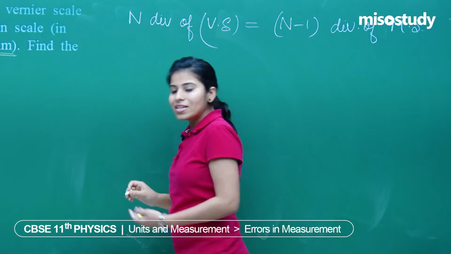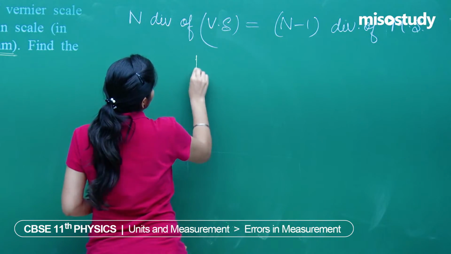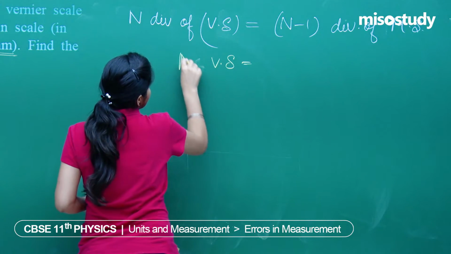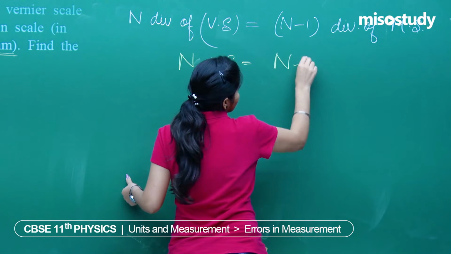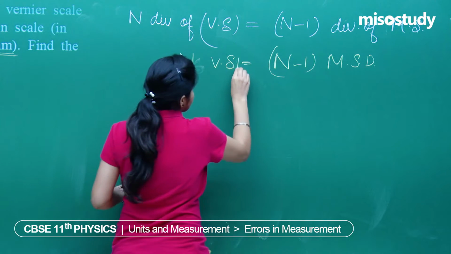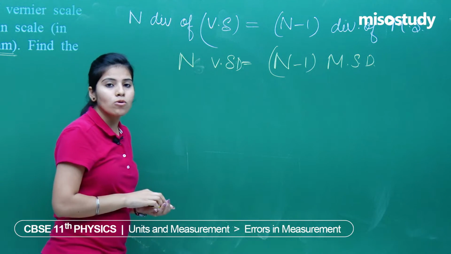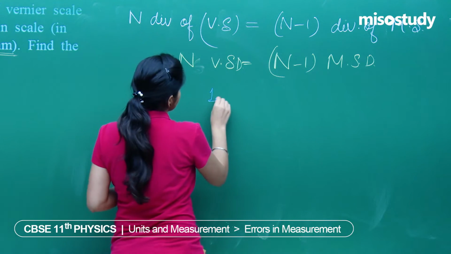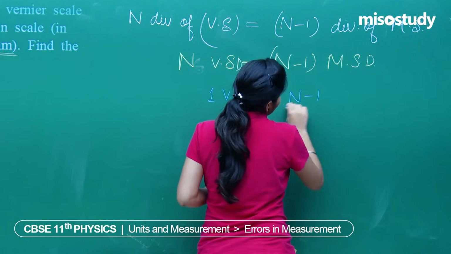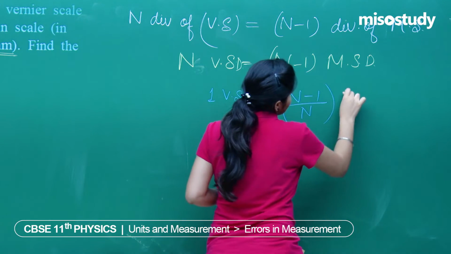So, we can write this in equation form: n vernier scale divisions equals n minus 1 main scale divisions. So, if I talk about 1 vernier scale division, I can write it as n minus 1 upon n main scale division.